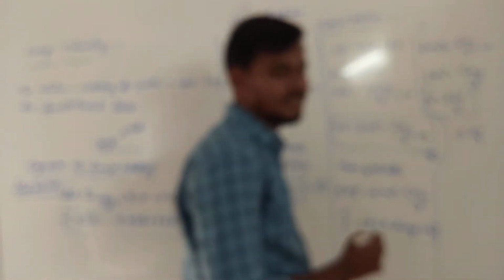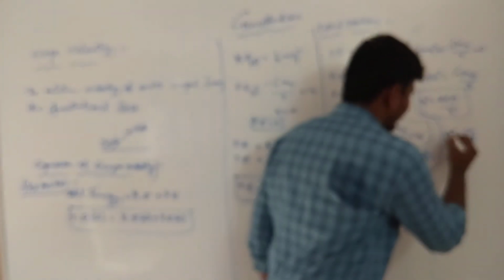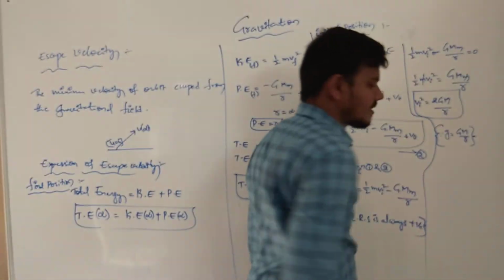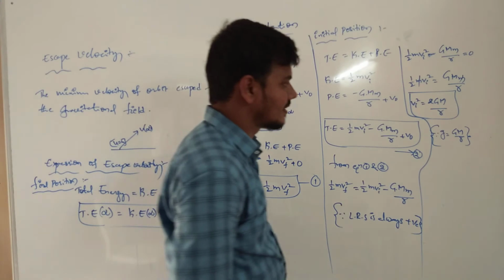Now small g is equal to capital G M by R squared, which we introduce as the acceleration due to gravity equation.